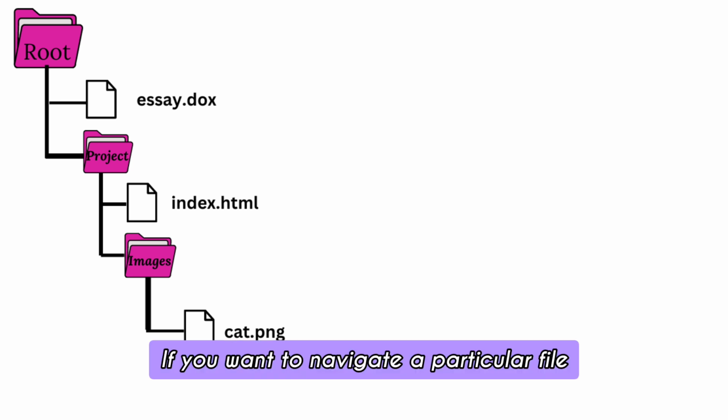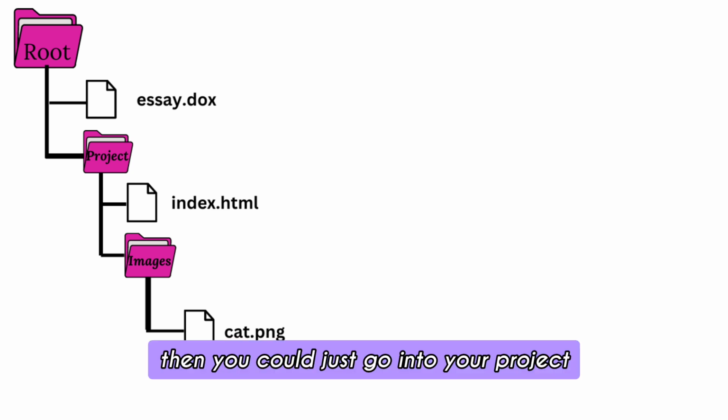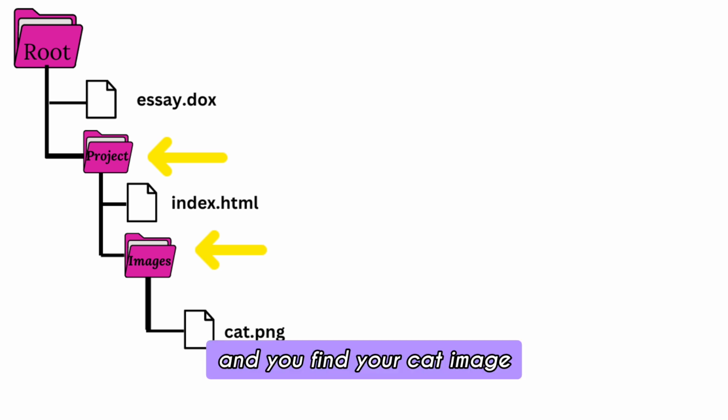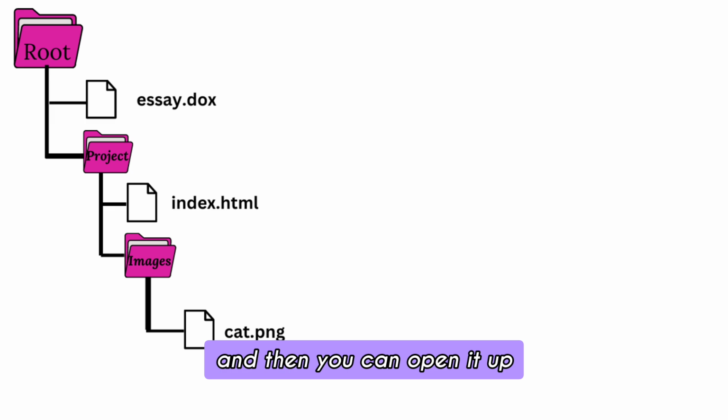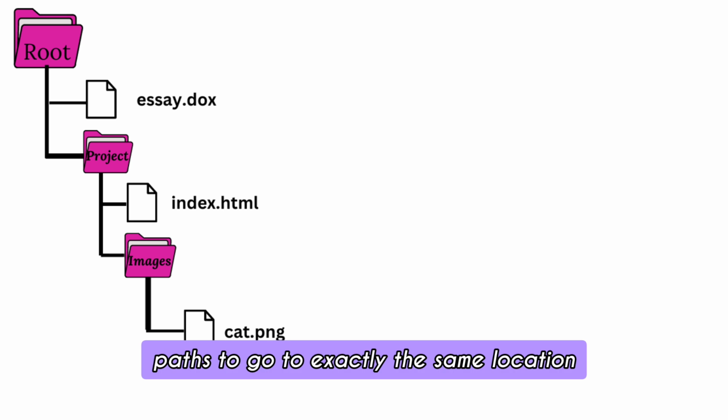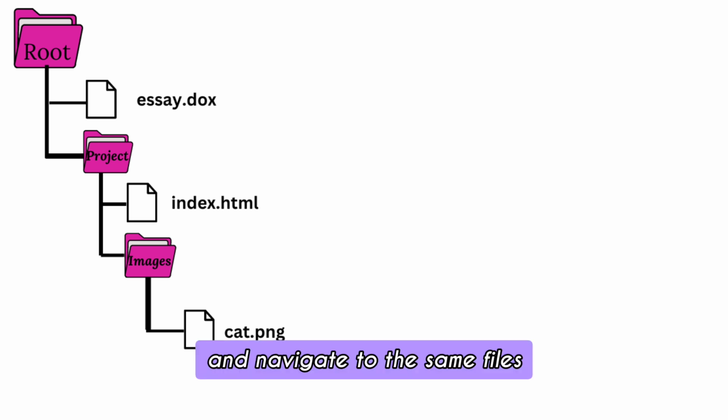If you want to navigate to a particular file, then you could just go into your project folder, go into your images folder, and you find your cat image, and then you can open it up. But similarly, we could use this concept of paths to go to exactly the same location and navigate to the same files.